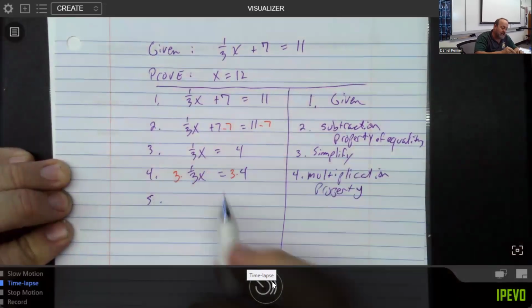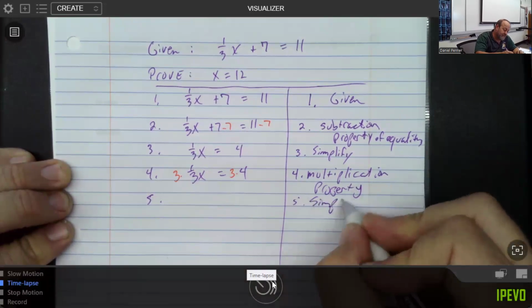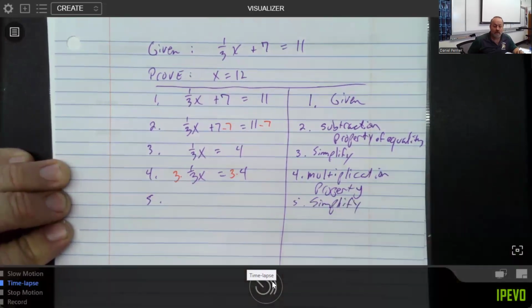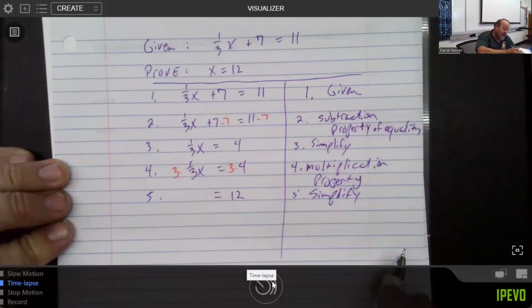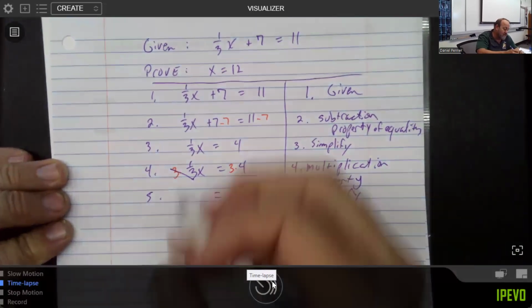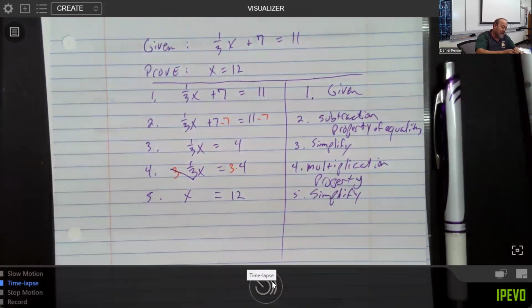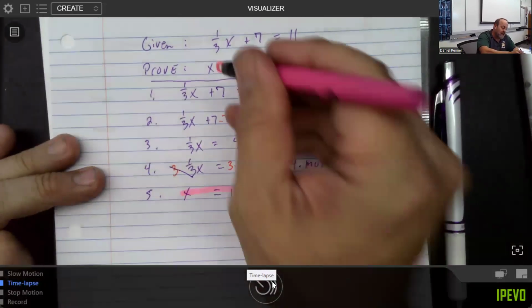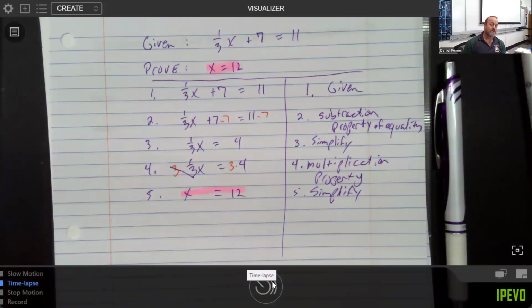So now I would notice that, again, by simplifying, because that's all I would do last, 3 times 4 is in fact 12, and these cancel out. That's why I did it, and that gives me x equals 12. And we should notice at this moment right now, we are good to go because I started with the given and I was able to come up with a logical set of steps that brought me to what I was trying to prove. That's how proofs are.